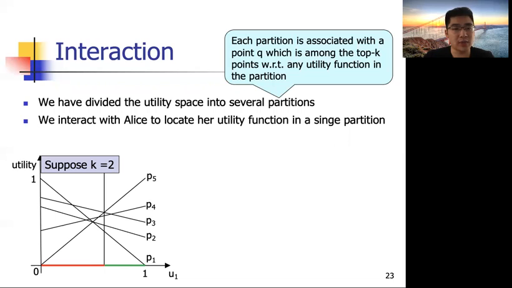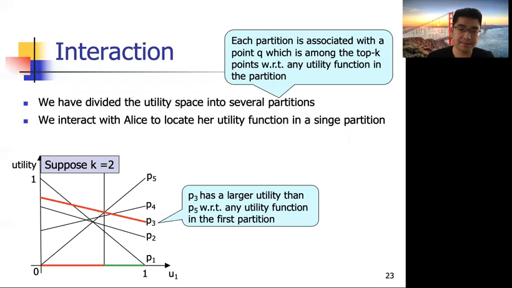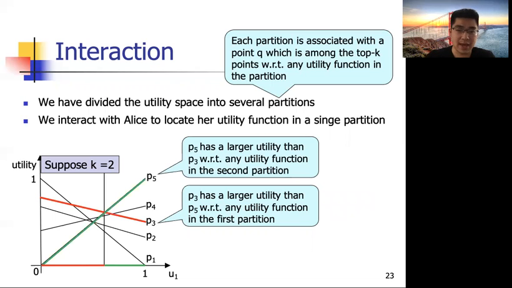Now, we interact with Alice to locate her utility function in a single partition. Let's see in this figure. We can see P3 has a larger utility than P5 with respect to any utility function in the first partition. And P5 has a larger utility than P3 with respect to any utility function in the second partition.